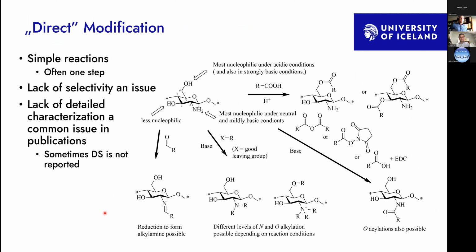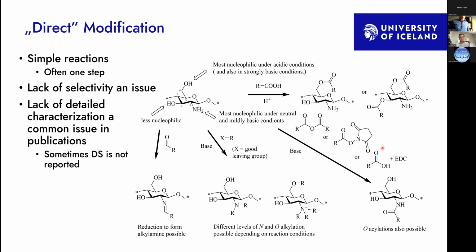So most commonly you use what I like to refer to as direct modification, just simple reactions with maybe one step, like reaction with an aldehyde or ketone to make an imine, or with some acyl group to get alkylation, where you can also get an acylation where you can also get ester formation.